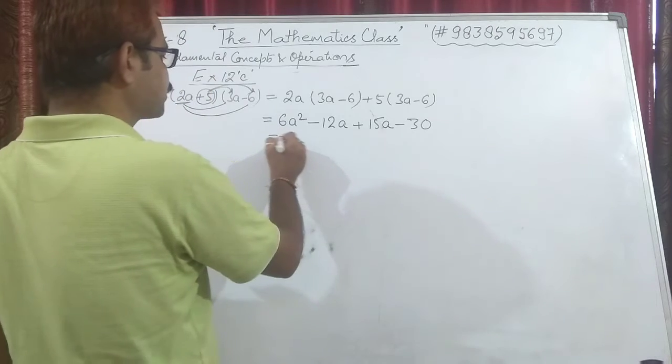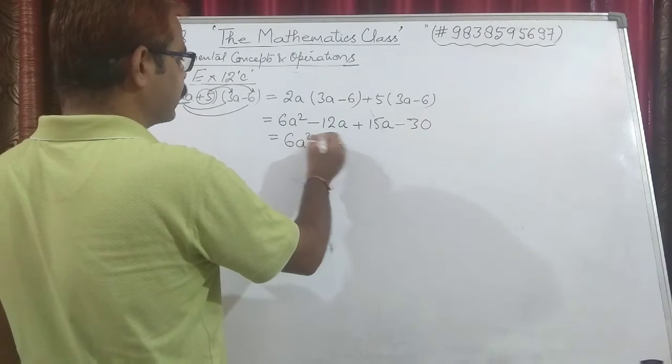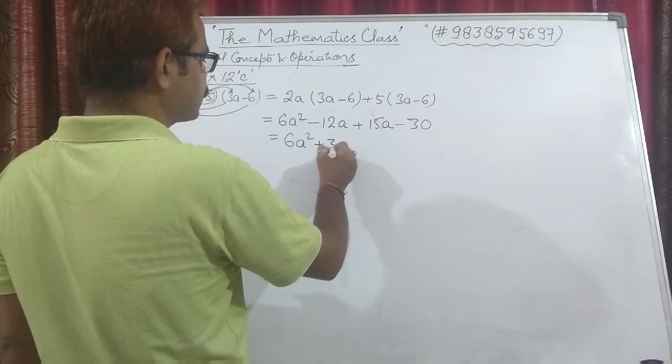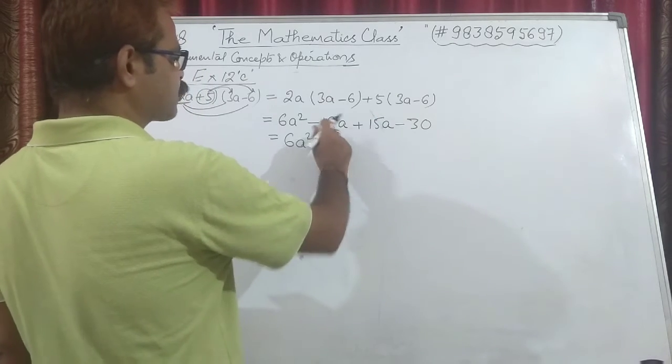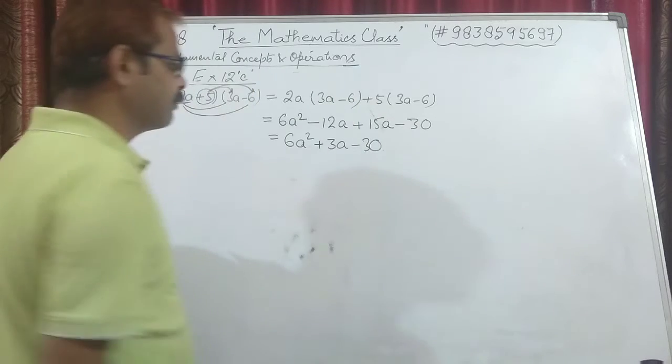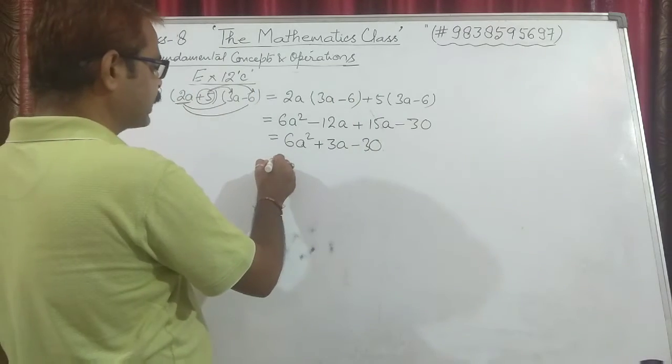Now you have to arrange them. So this is 6a square minus 12a and plus 15a will give you plus 3a. 15 minus 12 is 3. So 3a minus 30. This is the final value.